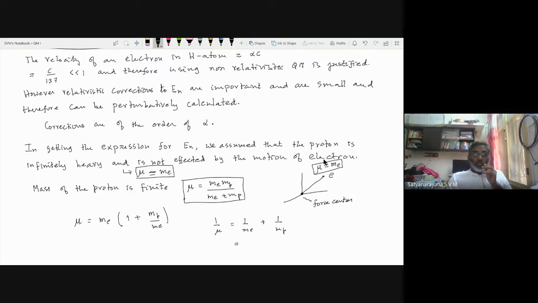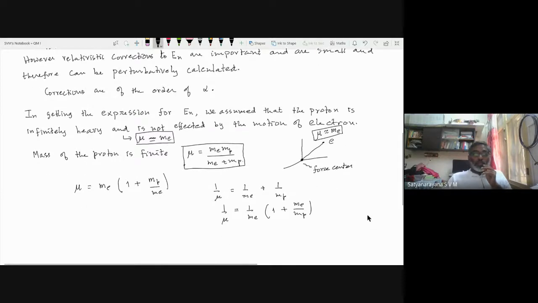So if I pull out 1 by me, then 1 by mu is equal to 1 by me times 1 plus me by mp. But this me by mp is roughly of the order of 1 over 2000.